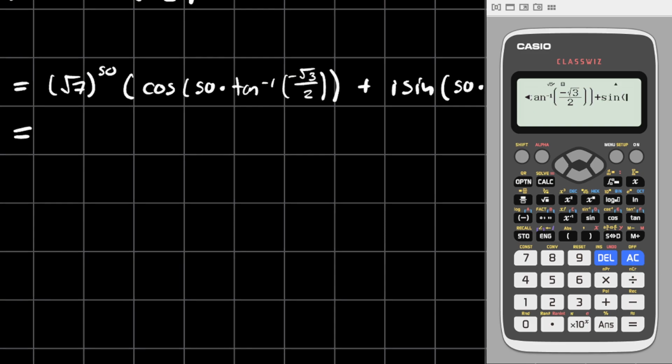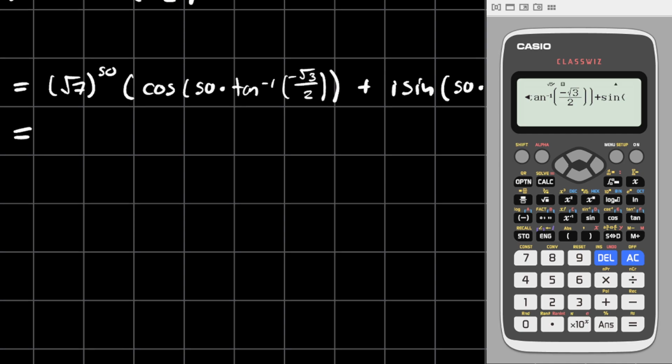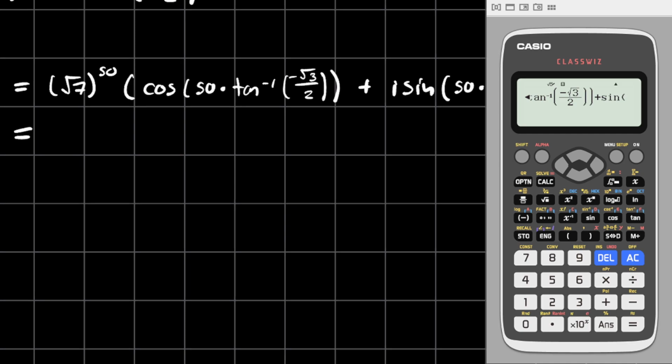Let me just check my answers here, guys. Give me a second. Well, yeah, it's gonna be sine. This is gonna be the polar representation of that. I'm just checking something really quick.